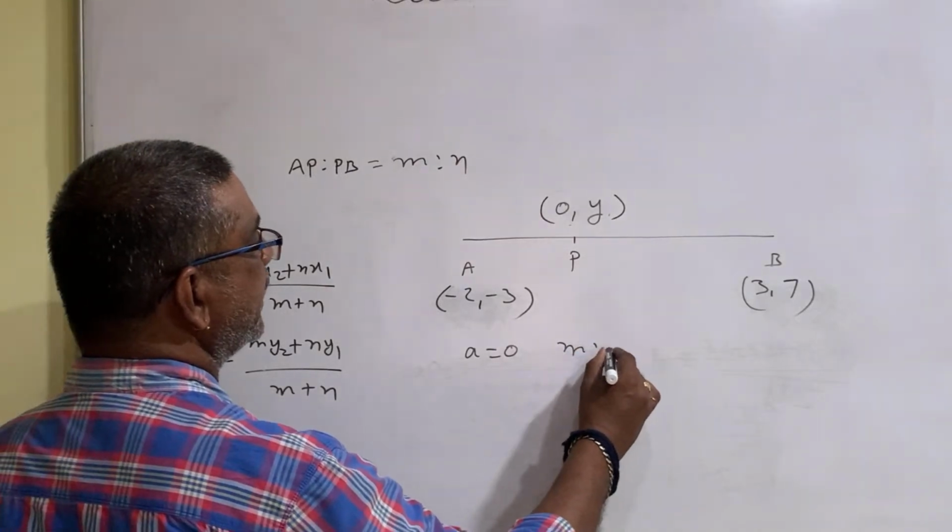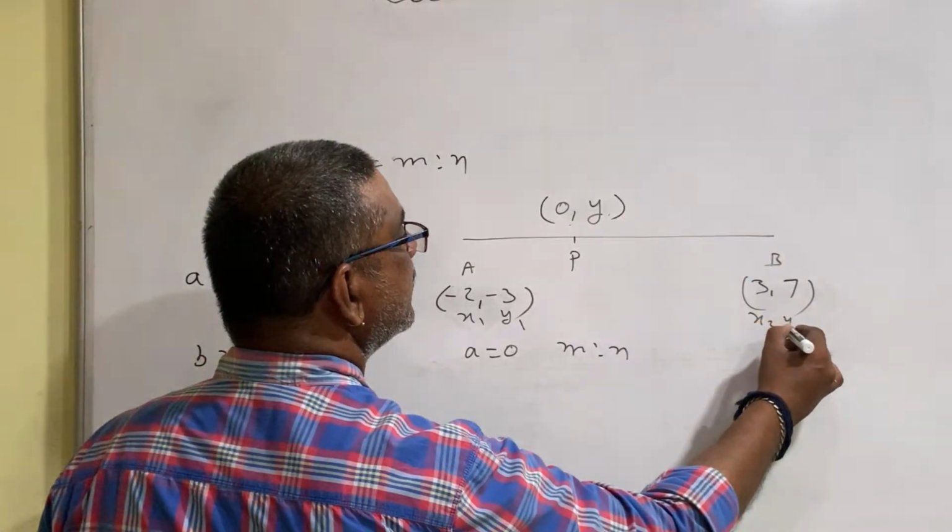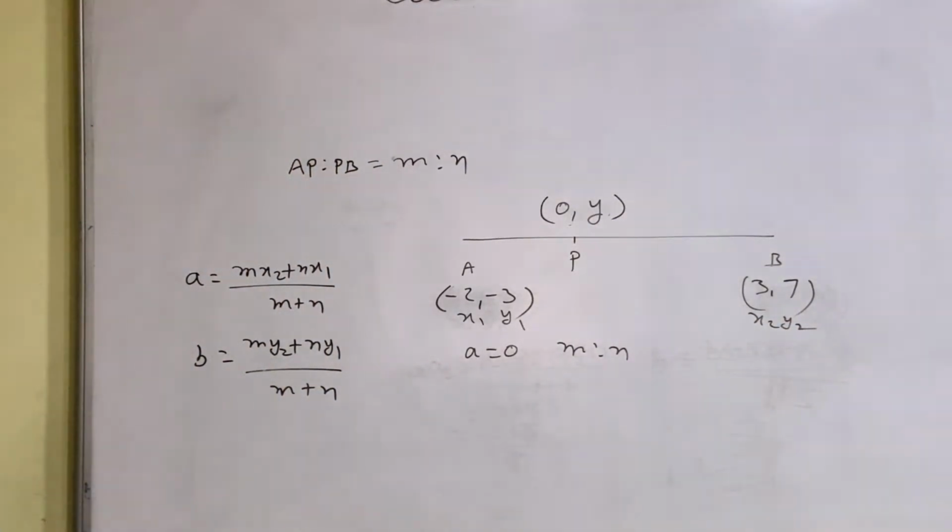Ratio m is to n, and we know x1 y1, x2 y2. P is a point on the y-axis. That means the x coordinate is 0, and the y coordinate we have to find out.